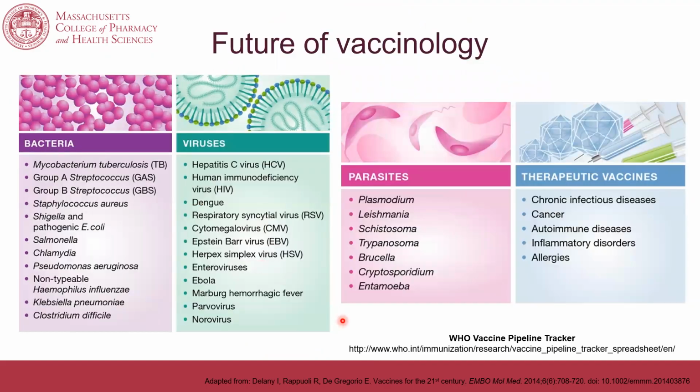And what's the future of vaccinology? So I really like this figure here where the authors separate different future vaccines based off of the type of bacterial vaccines, virus vaccines, parasitic vaccines, and even therapeutic vaccines. And there are even more potential vaccines that are being developed, even for gonorrhea and Zika.